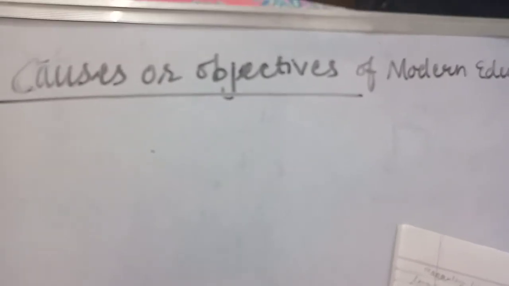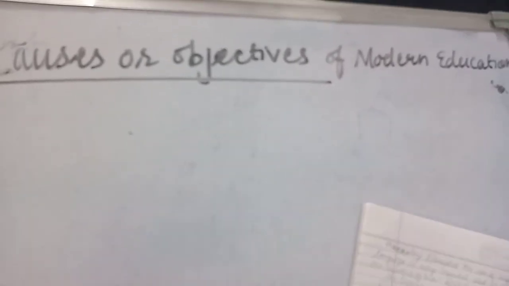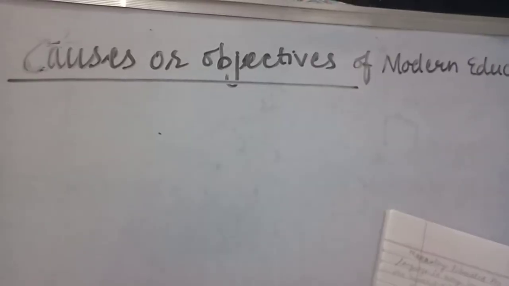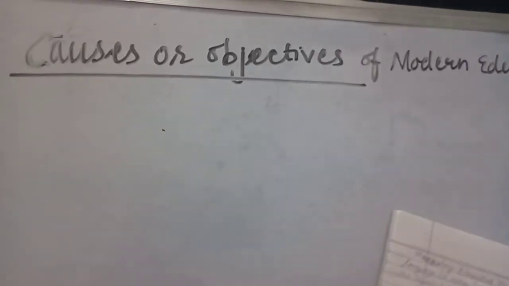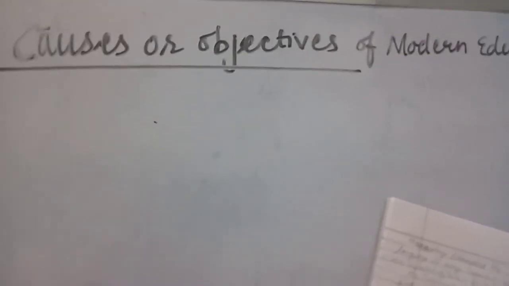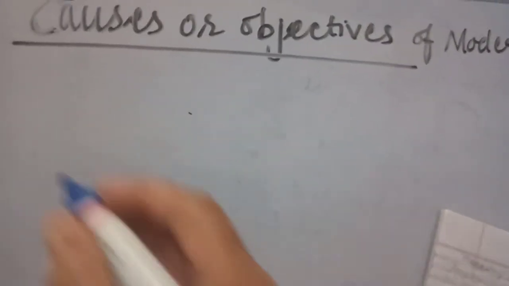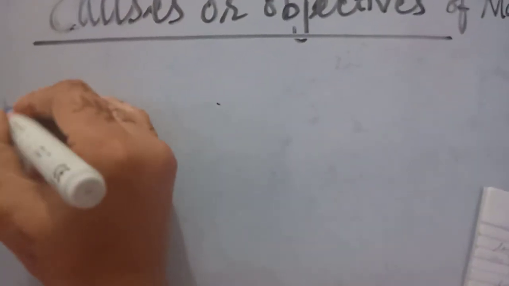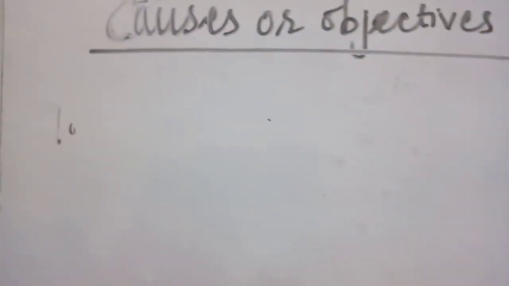Let us understand the causes or objectives of modern education, that is, the introduction of the new education system. What were the main causes?